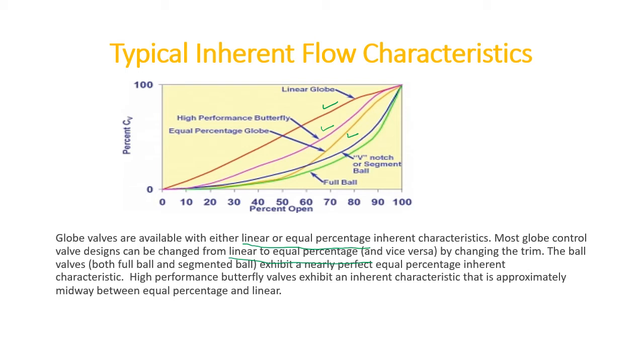So when you ask the valve manufacturer for the inherent flow characteristics, you get a curve like this, and you now have a better idea of the difference between the characteristics curve of a linear globe valve and a butterfly valve.